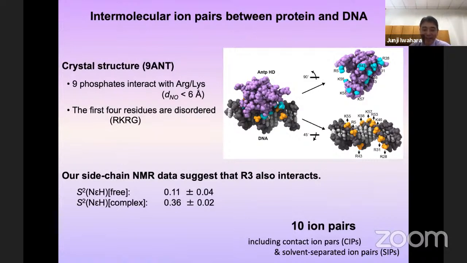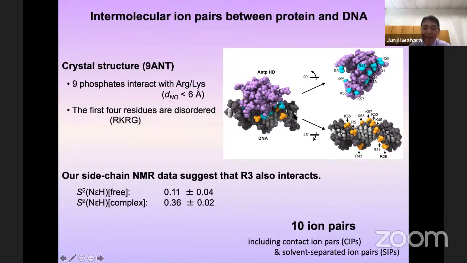So this kind of argument predicts 10 ion pairs, but these 10 ion pairs could be smaller if you use a different criterion for the distance. And also, this argument doesn't tell anything about ion release from the protein.